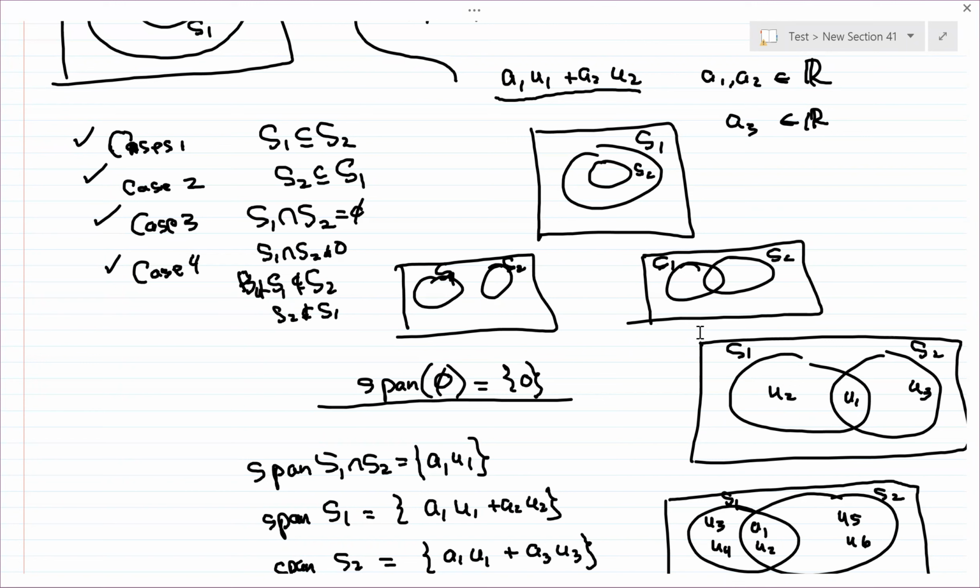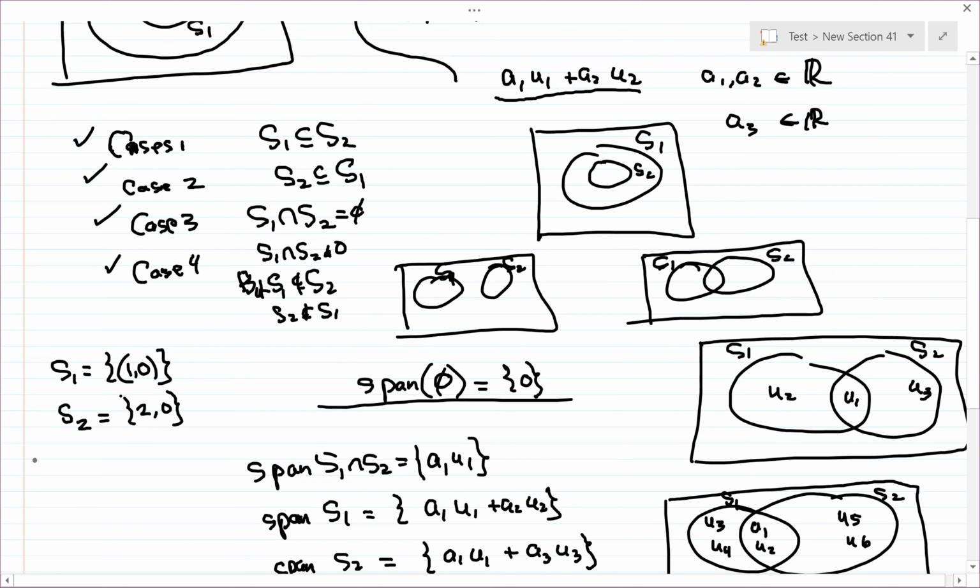Yeah. So suppose S1 just had the vector 1, 0. Suppose we're in R2. And suppose S2 had the vector 2, 0. Okay.